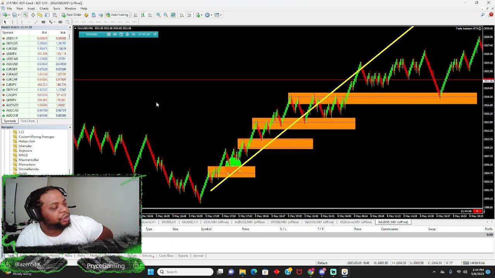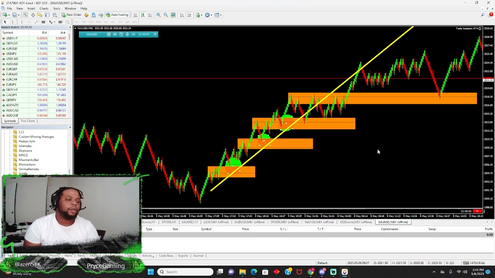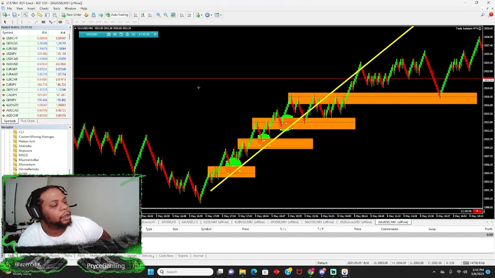You would have gotten into a trade here. Bang, shoot up. You would have gotten into a trade here. You would have gotten into a trade here, and possibly here.